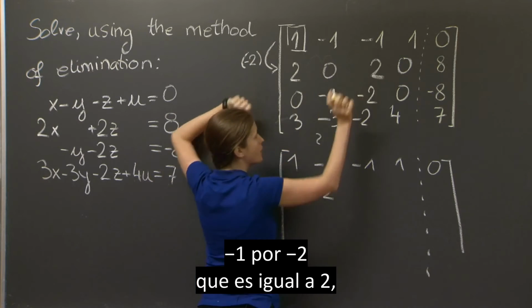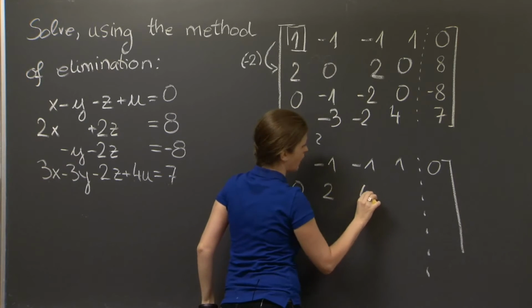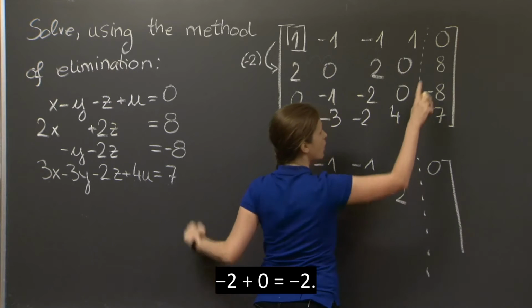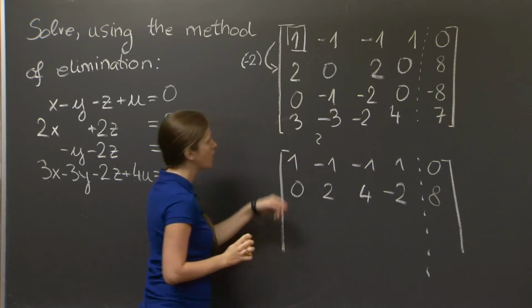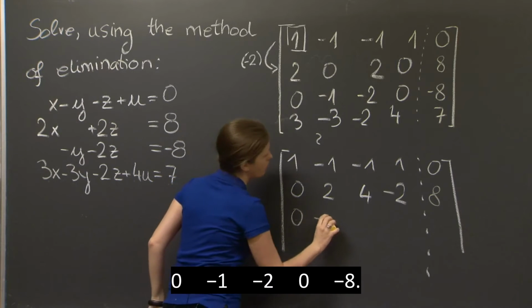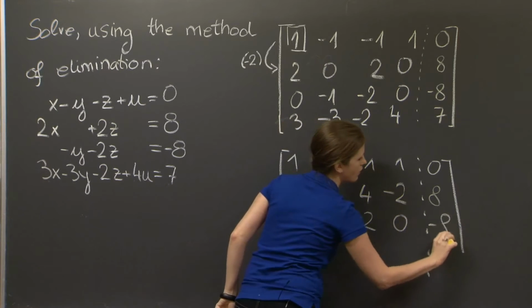Minus 1 times minus 2, which is 2, plus 2, which is 4. Minus 2 plus 0, which is minus 2. And 8 minus 2 times 0, which is 8. The third row already has a 0 here, so I can just copy it over. 0, minus 1, minus 2, 0, minus 8.